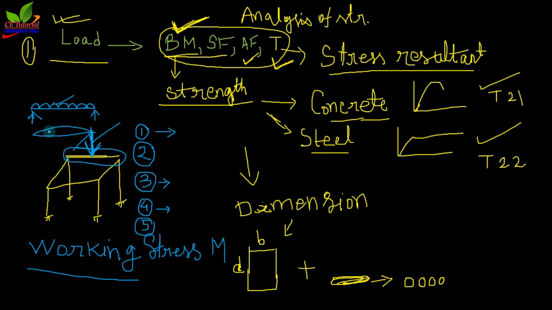So this is the bending moment diagram, a parabolic one. So this is the maximum bending moment. So due to the self weight, there is a bending moment. Okay, due to the self weight of another element of this structure, there should be another bending moment. Okay, so due to another, suppose live load, there should be another bending moment.